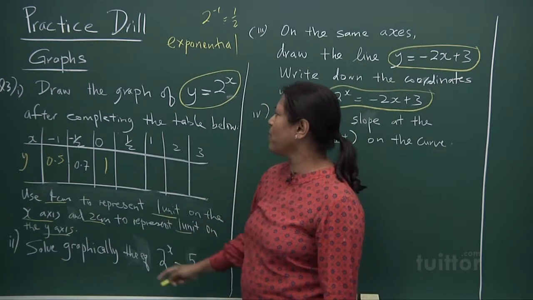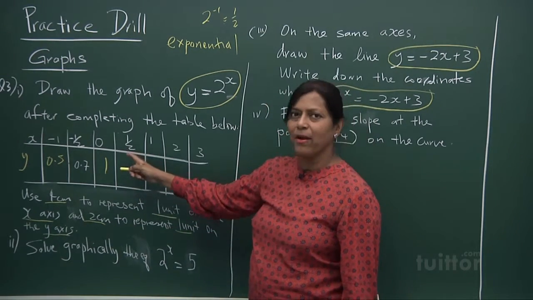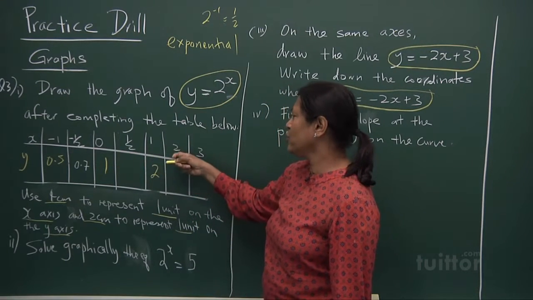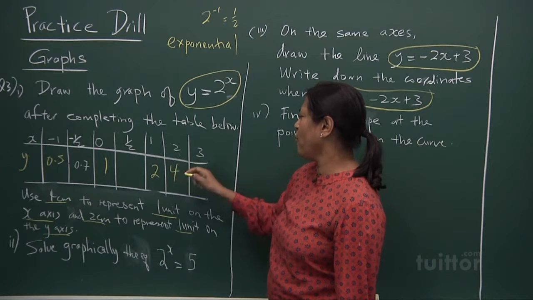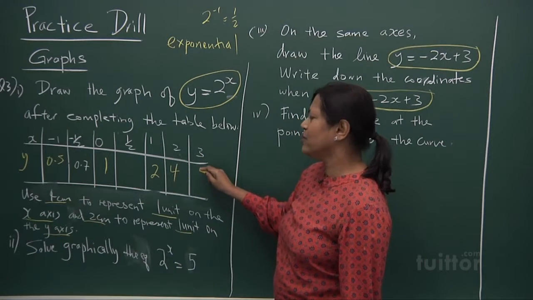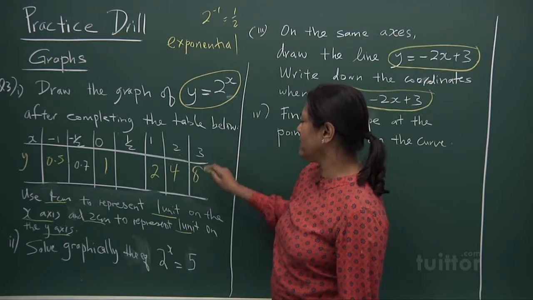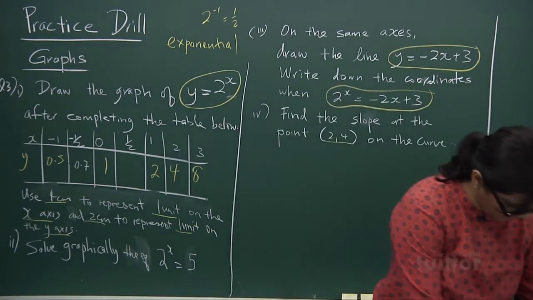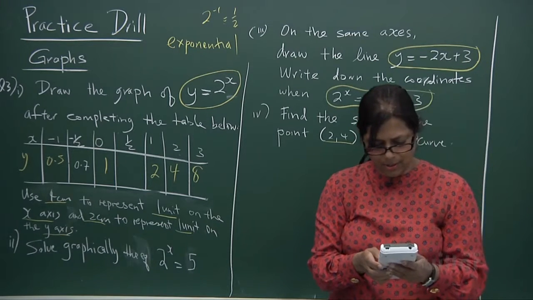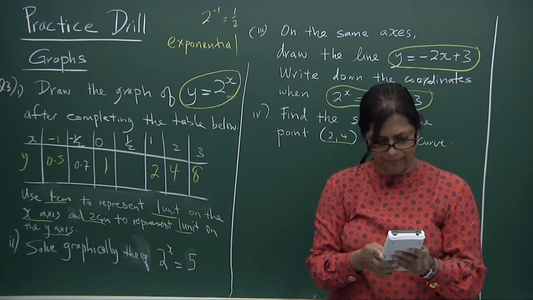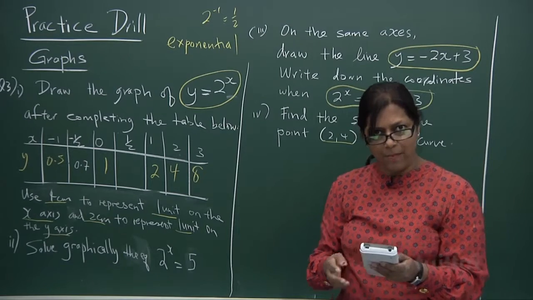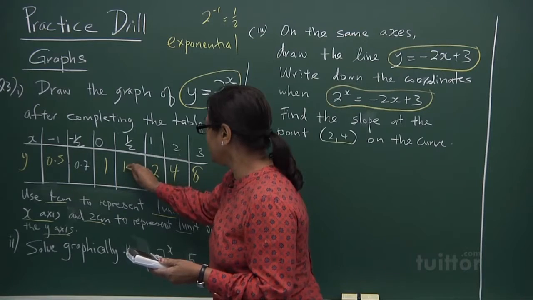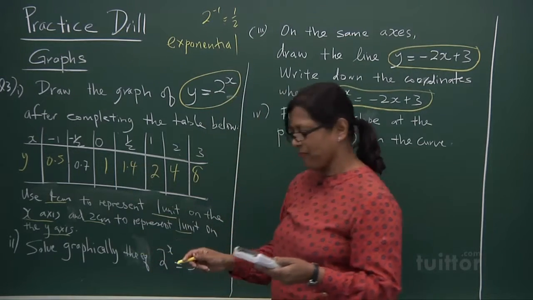And 2 to the power of half, we'll get that on your calculator soon. 2 to the power 1 is 2, 2 to the power 2 is 4, 2 to the power 3, 2 times 2 times 2, is 8. Yes, use your calculator, get me the answer, 2 to the power of half. You get 1.414. We just need about 1.4, that will be fine.